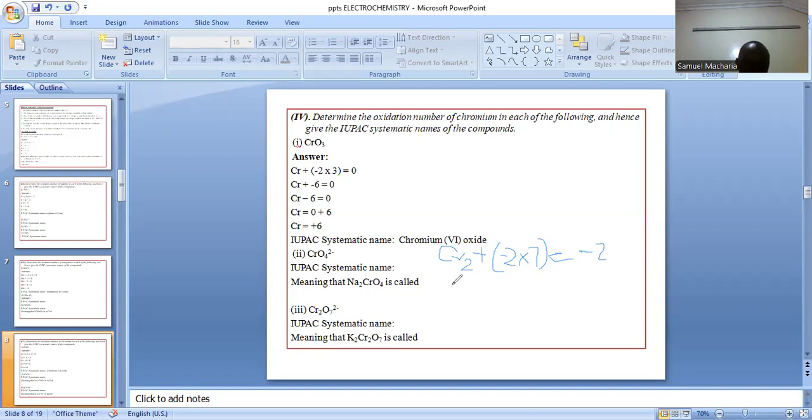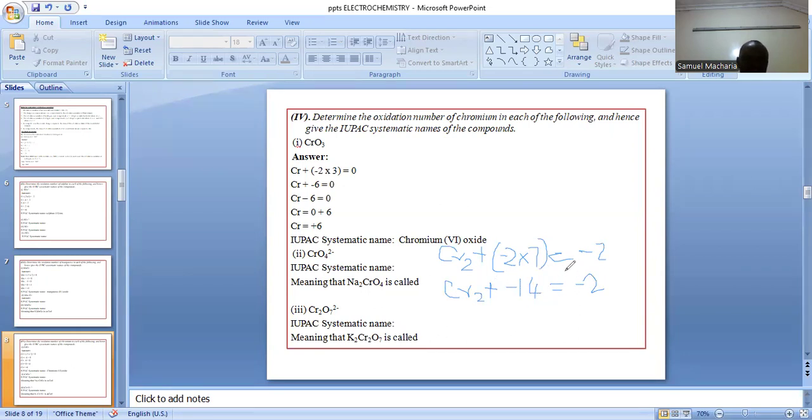So the chromium, 2 of them, plus -14 equals -2.